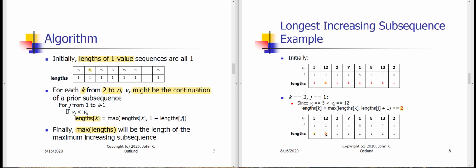Well, yes, it does, because 5 was a 1-value sequence, 12 we initialized as a 1-value sequence, but now we've discovered that 12 is greater than 5, and so we have a two-value sequence, including the 5 and the 12. Onward ho.